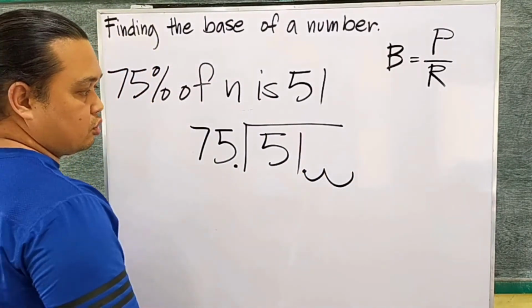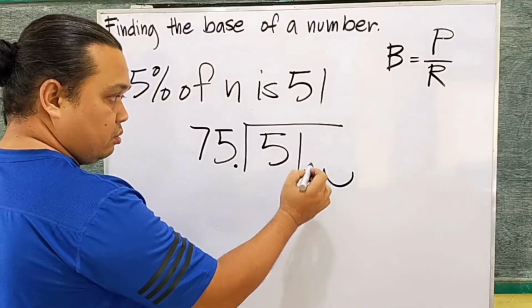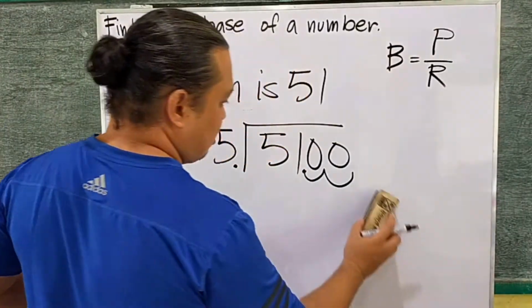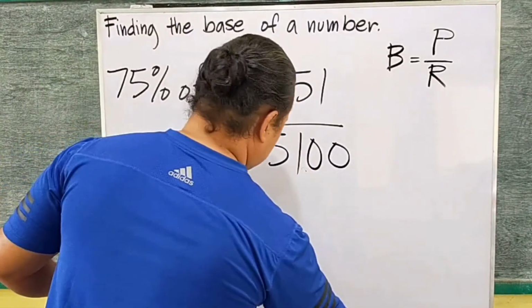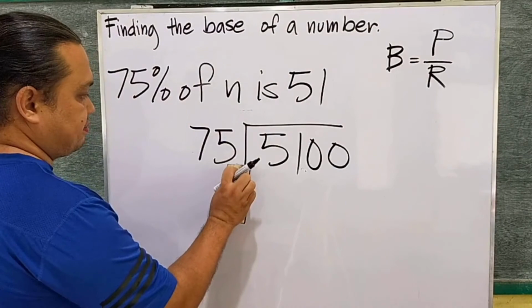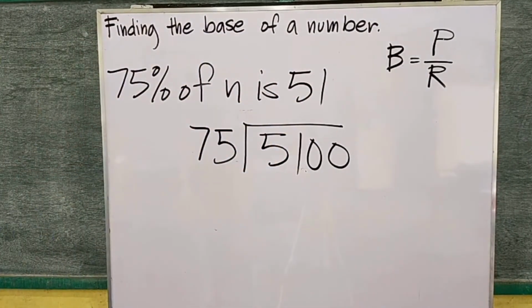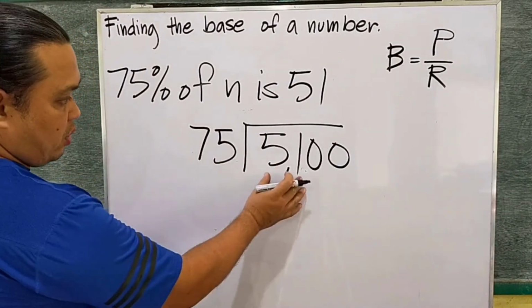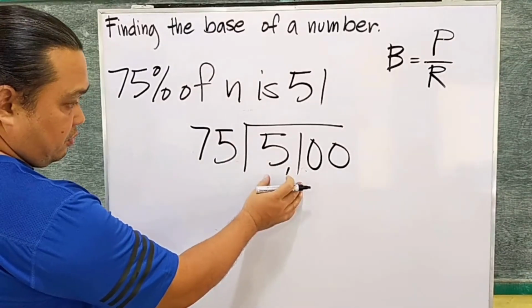For the blank place value, just put 0. So we have 5,100 divided by 75. So let's divide. Now 51 cannot be because 75 is greater than 51.